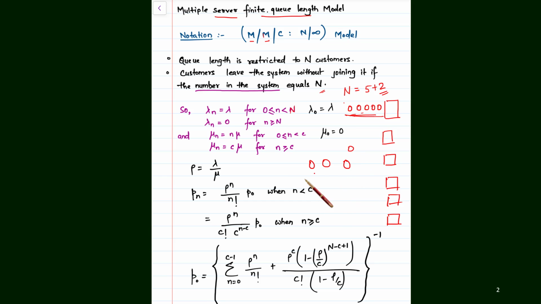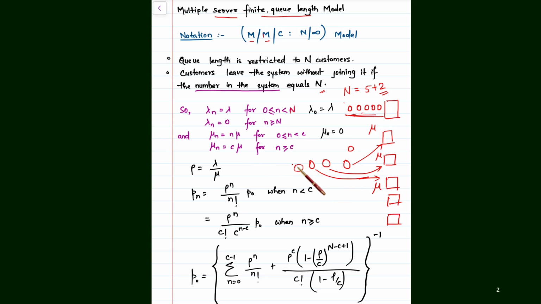What is the service rate? Mu n will be equal to, see, this customer will go here, service rate mu, this will go here, service rate mu, and this will go here, service rate mu, so total is 3 mu. If there are 4 customers, then it will be 4 mu. If there are 5 customers, it will be 5 mu. But if there are 6 customers, then still 5 will be getting service, but 1 will be in the queue. So the service rate is 5 into mu.